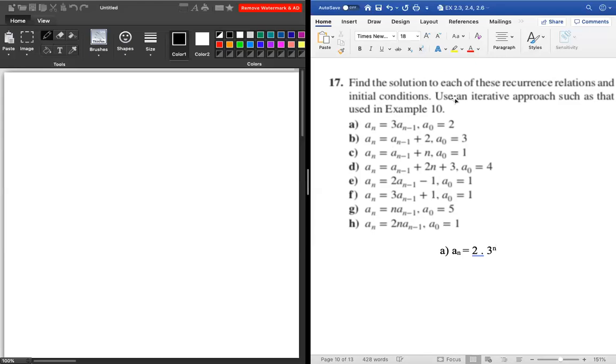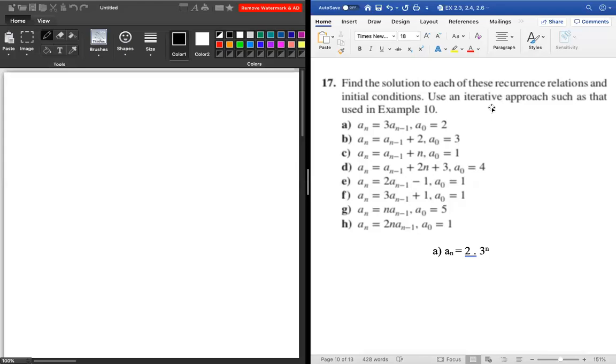So this is the solution for this recurrence relation using the iterative approach. I think you guys have already covered this in the slides, so make sure to refer to the slides in case of any question, or you can also reach back to me if you have any question for a particular question.